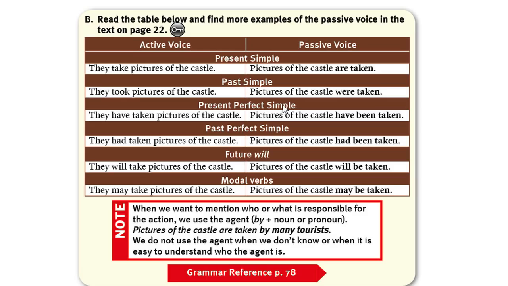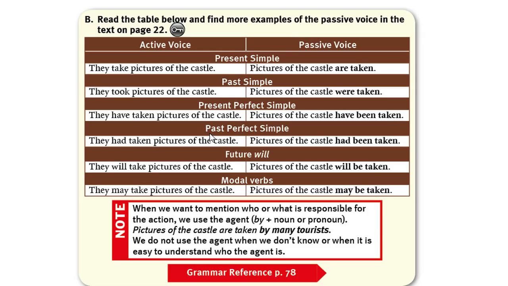Present perfect simple المضارع التام البسيط They have taken pictures of the castle. Pictures of the castle have been taken. علينا أن نأتي بالفعل have ليصبح هذا الفعل تام، وأيضا علينا أن نأتي بالتصريف الثالث، والتصريف الثالث من الفعل be هو been، ونأتي بالتصريف الثالث أيضا من الفعل take، وفي هذه الحالة هو غير منتظم taken.